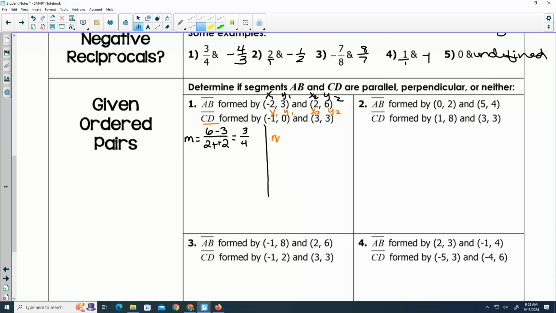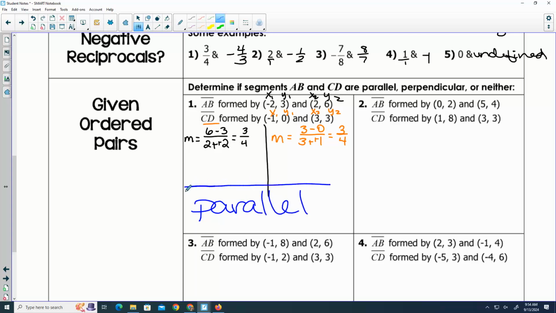So slope, y2 minus y1, x2 minus x1, so minus -1. So we get 3/4. What does that tell me? Parallel. Same slope, parallel. So if we have the points, you find the slope on each, and then decide.